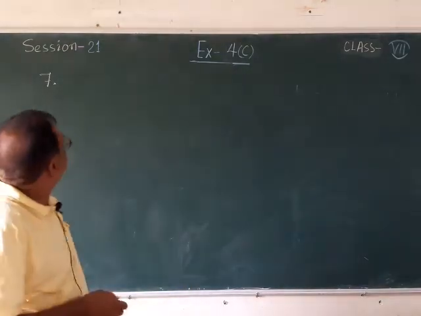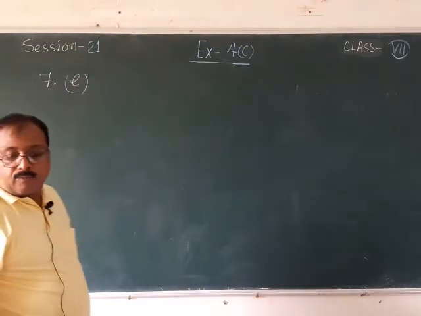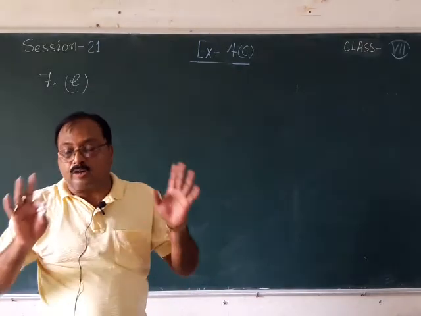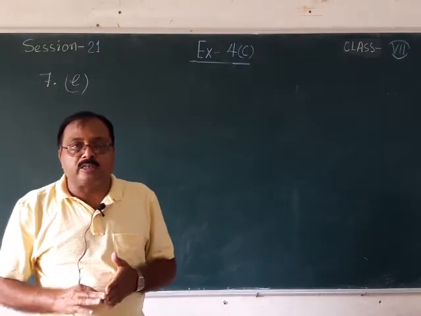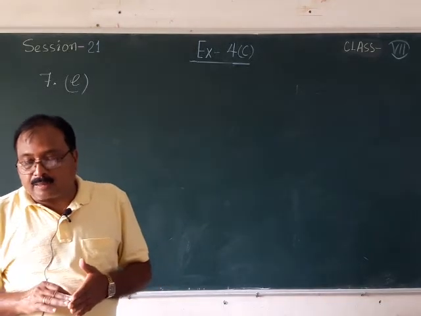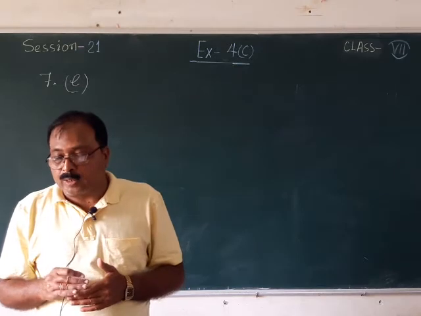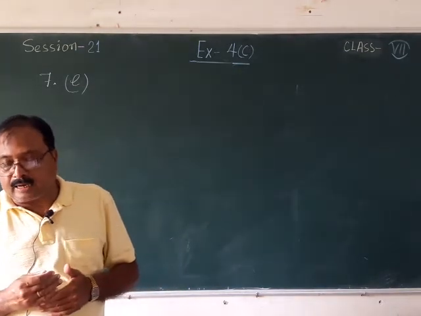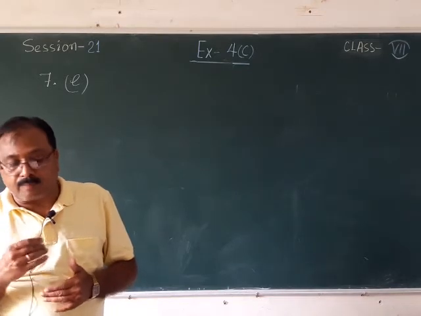Once again I am repeating it. Ritesh has a triangular garden of sides 58 by 4 meter, 43 by 6 meter and 29 by 7 meter respectively. Find the cost of fencing the garden at the rate of rupees 15 per meter.